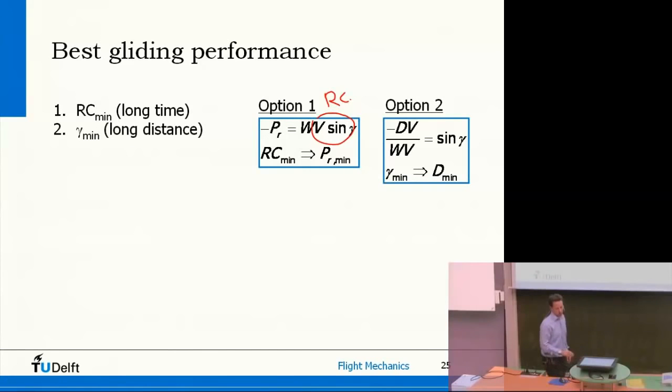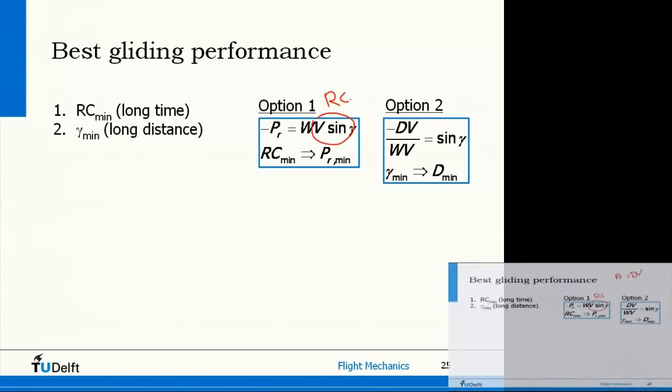The other option is basically, if you write out the equation, then what you can say is, okay, PR is D times V. So if I divide on the left hand side and the right hand side by airspeed, then you get minus drag over weight is the sine of gamma.